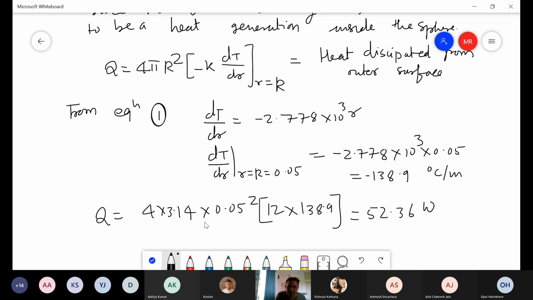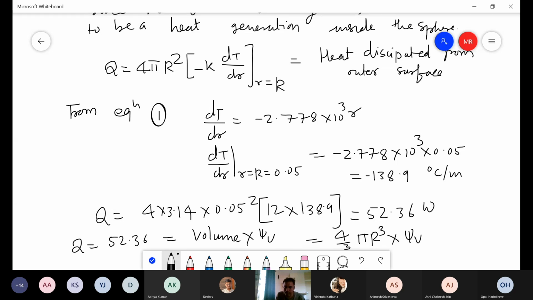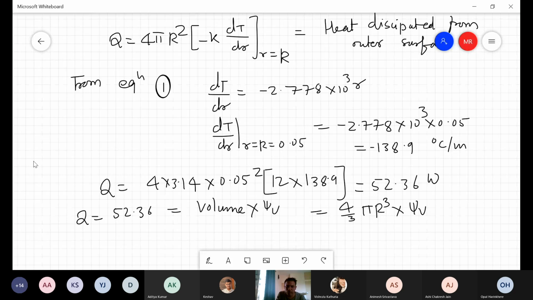So clearly this Q, which is 52.36, should be the same as the volume of the sphere into psi v, because psi v is the volumetric rate of heat generation multiplied by volume. So that becomes 4 by 3 pi r cube into psi v, isn't it? So I can put all the values here.